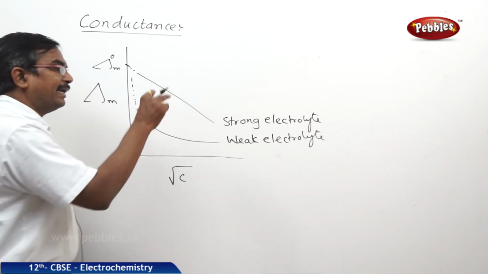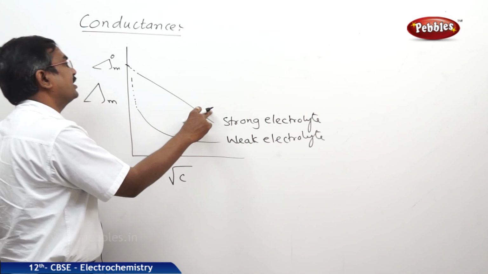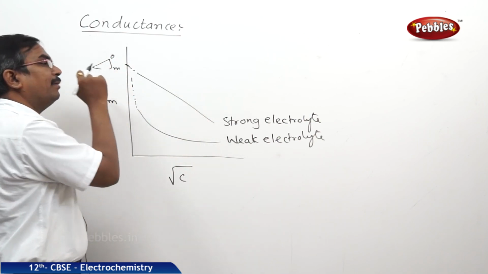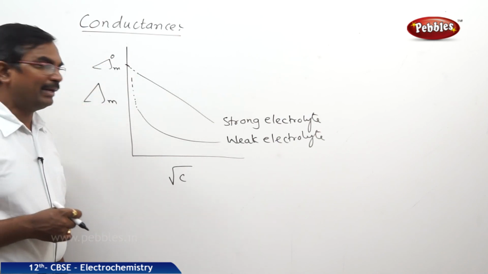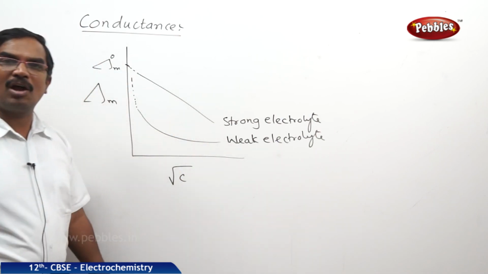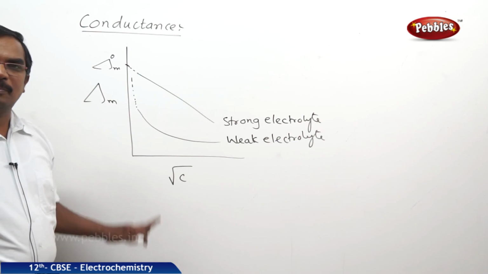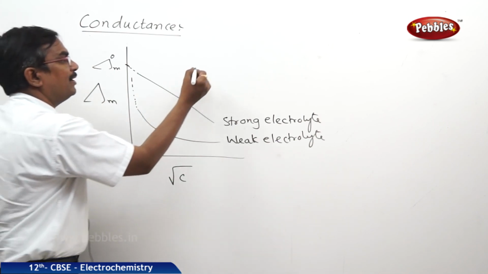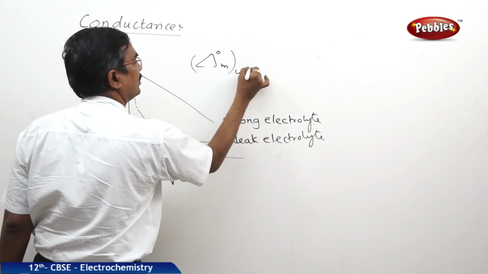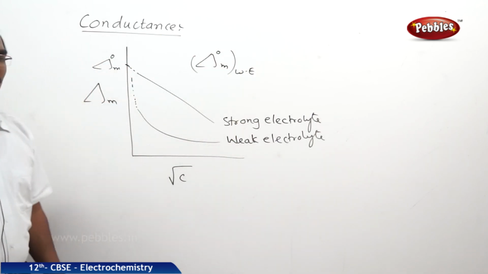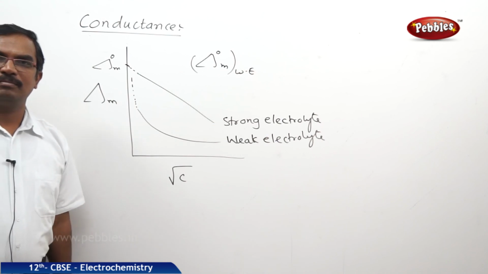That means, in the case of the strong electrolytes, we can get this lambda naught m by extending the graph like this. But in the case of the weak electrolytes, it is not possible to get the particular value of lambda naught m graphically.